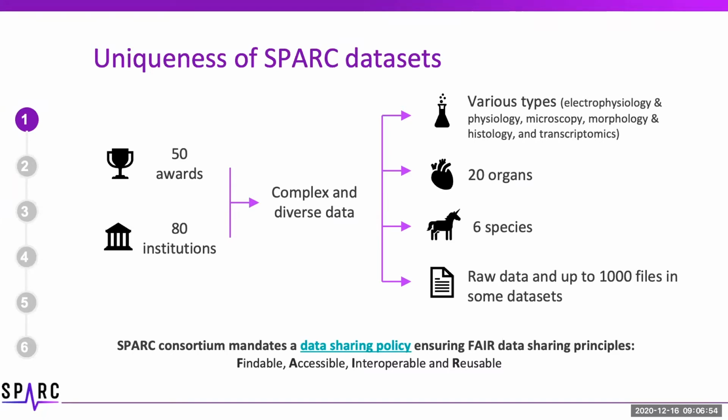To ensure that SPARC data adhere to the FAIR data principles for making data findable, accessible, interoperable, and reusable, the SPARC curation team is charged with providing human and machine-based curation to implement community standards and annotate each dataset with rich metadata.